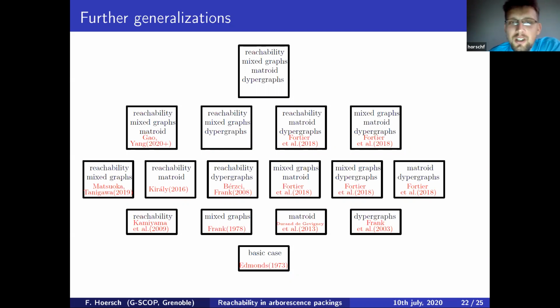We managed to complete this table and reduce the theorem for the very top case from the theorem of mixed graphs, a theorem that combines everything but reachability. And again, we go in a very similar fashion as before.